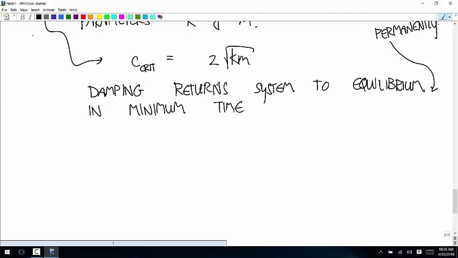Okay, so here's what it looks like. There are 3 cases. The first one is if your c value is bigger than c critical.